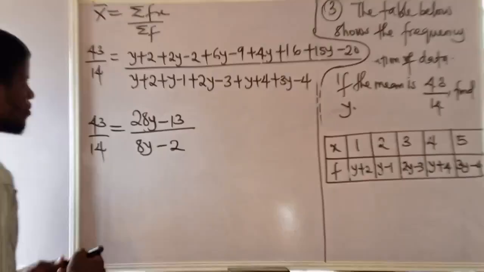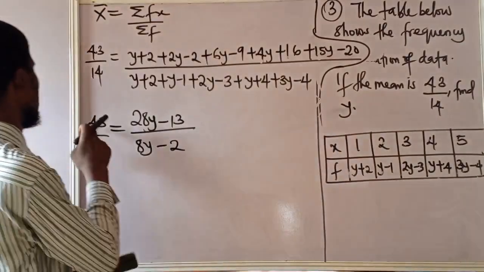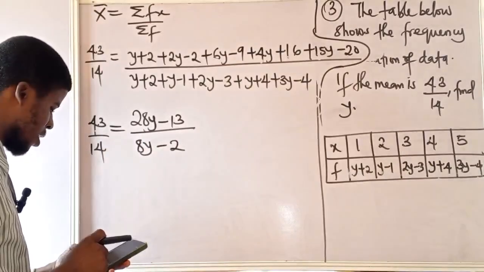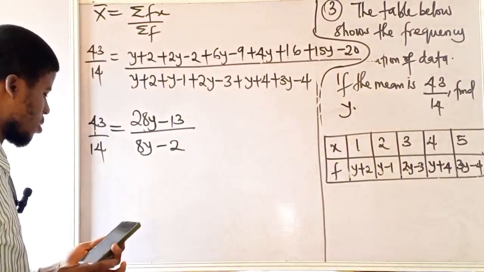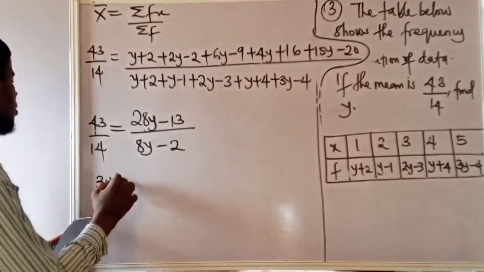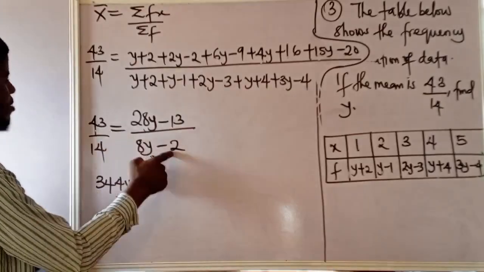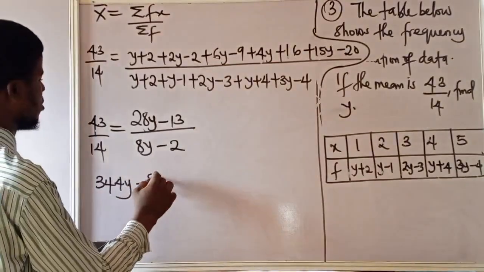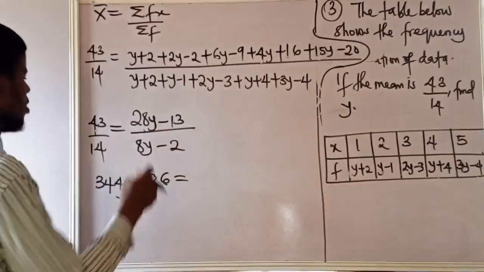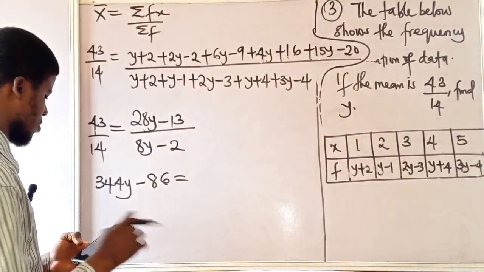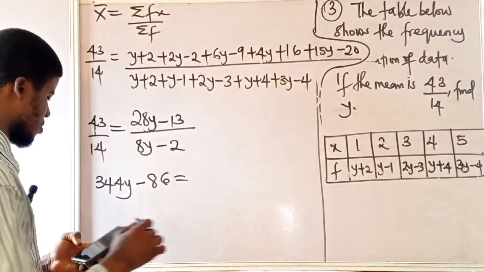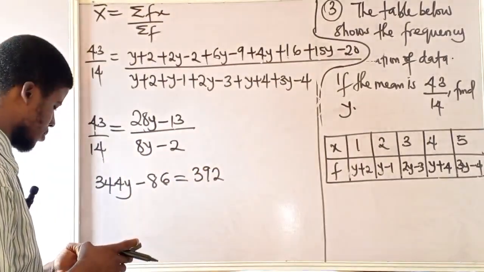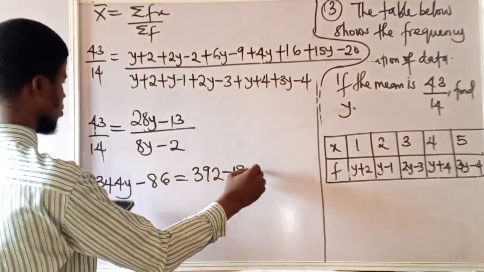Let's cross multiply. So I will multiply this by this. 43 times 8y, that's 43 times 8, 344, so we have 344y. 43 times minus 2 also, that's minus 86. 14 times 28, that's 392. 14 times minus 13, that's minus 182.